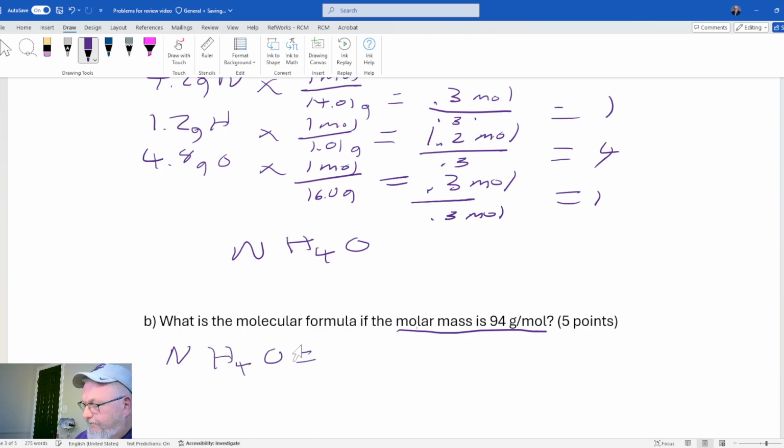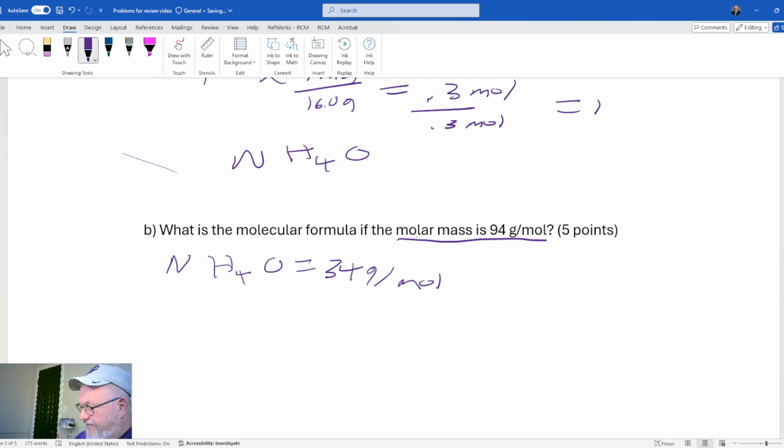Nitrogen has a mass of 14. Hydrogen has a mass of 1, and there are 4 of those, so I'm just going to add 4. And then 1 oxygen has a mass of 16. So I get 34 grams per mole. That's the empirical formula mass.